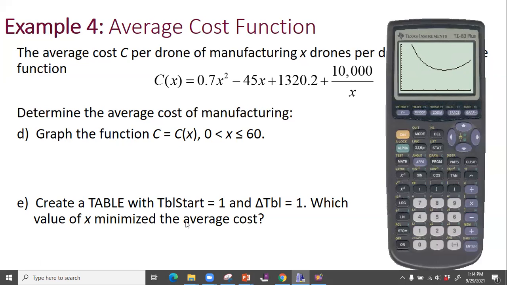So it says here, create a table, which value of X minimize the average cost. So at what point did I get to my lowest value on this right here? So I'm looking for that minimum value. The problem here is that normally you would think it would just tell you to go to 3 and click on minimum.